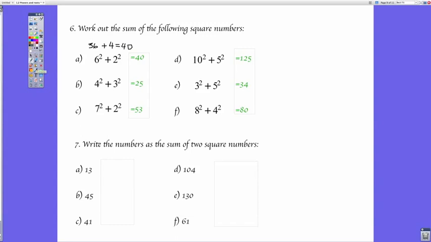Question 7 says write the numbers as a sum of 2 square numbers. So for the first one, we've got 13. What two square numbers added together gives me 13? If I have a look at the square numbers, I've got 1. Which of those add up to 13?